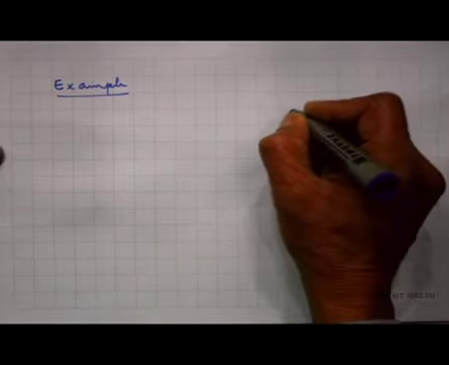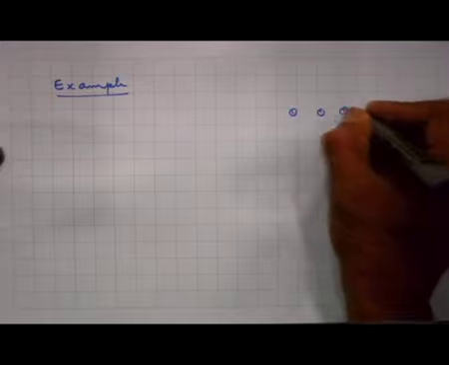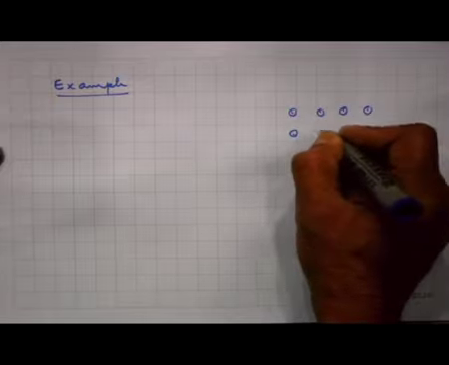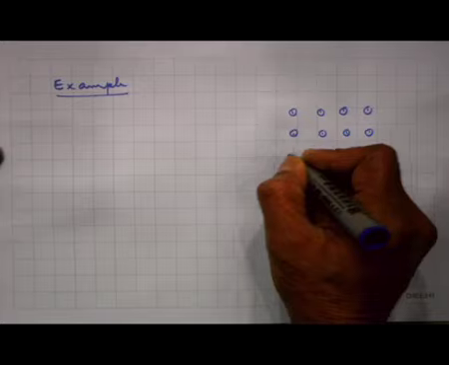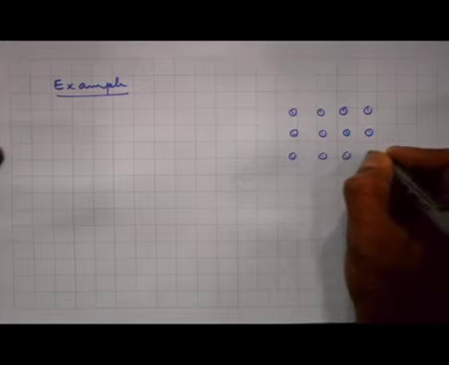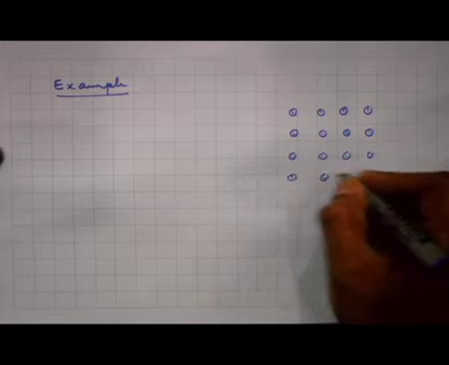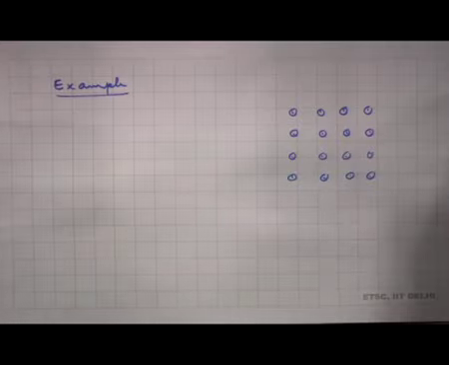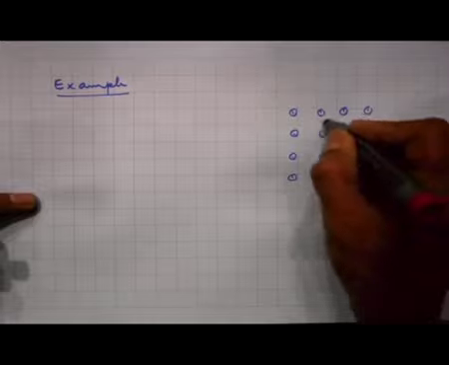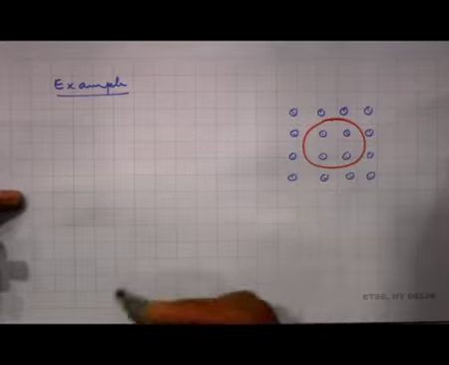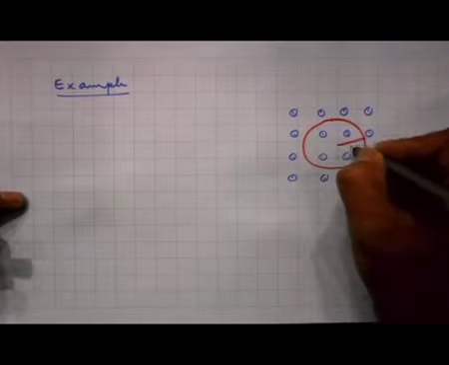Let me assume there is a uniform magnetic field pointing towards me. These are the tips of the arrows pointing towards me. In this, let me consider a coil, a loop of wire of some radius r.